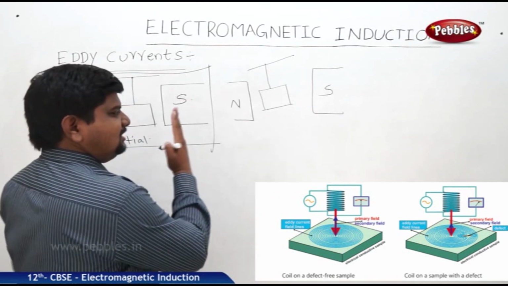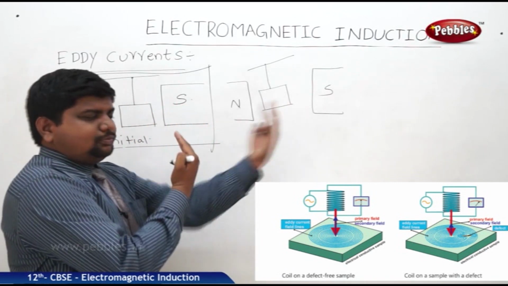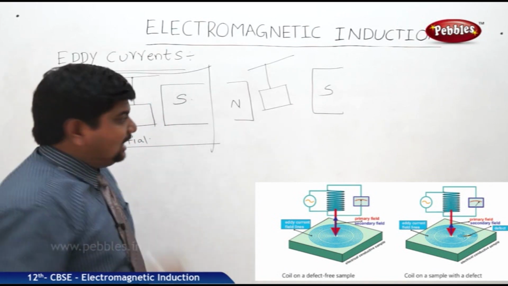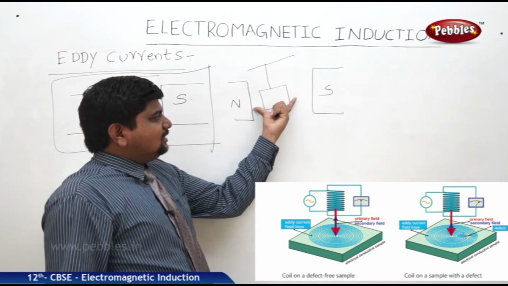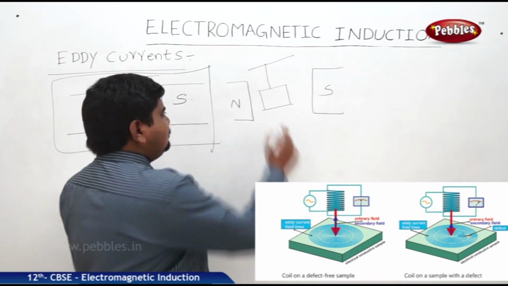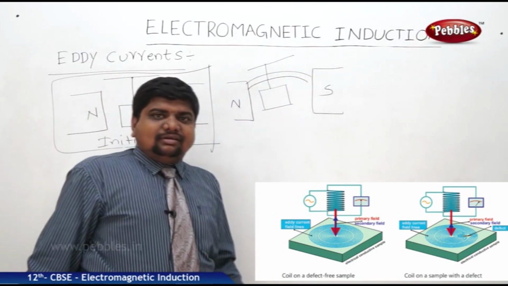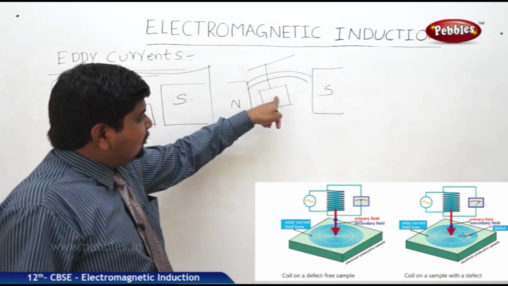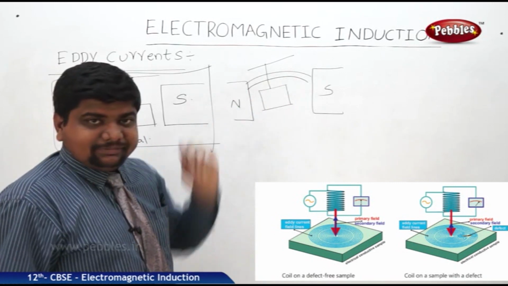Now, cross sectional like this, north pole, south pole, and the rod is oscillating like this. Whenever this metallic conductor is placed or crossing in between the north and south pole, there is a magnetic flux in between. This magnetic flux will produce an induced EMF within this coil.